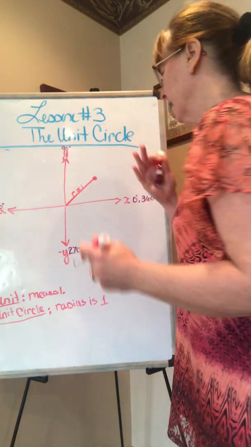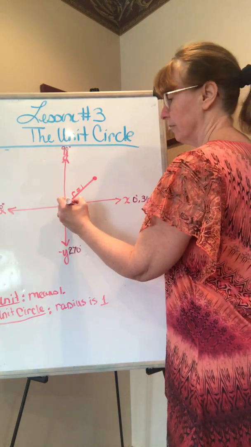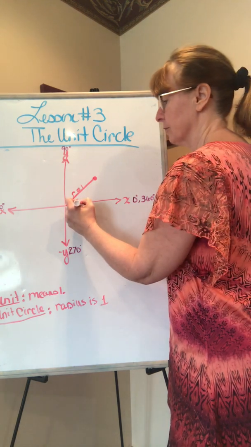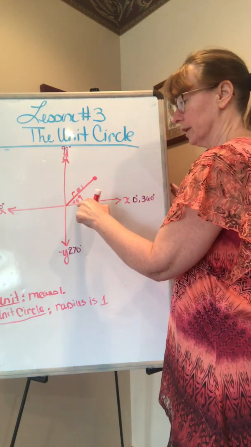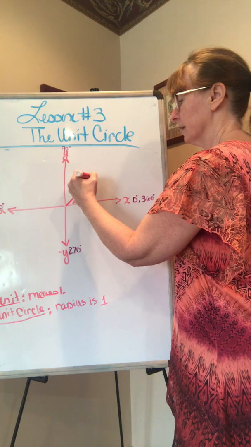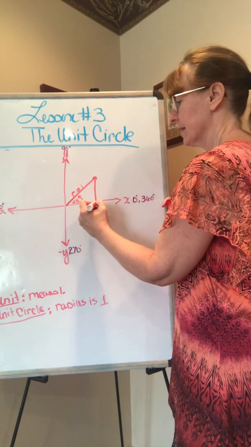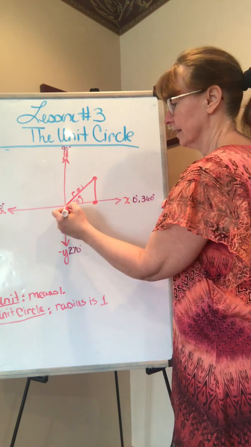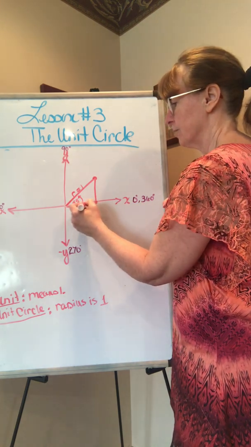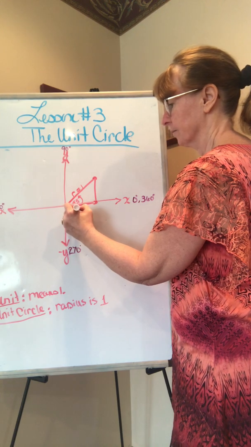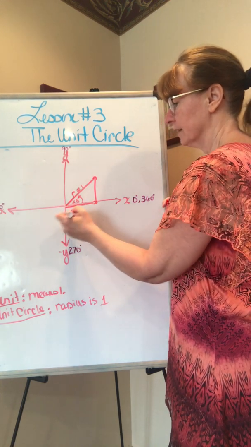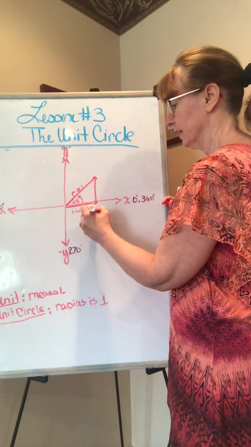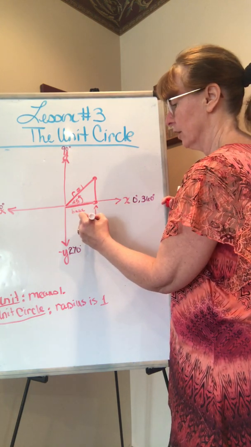So if I now had a 45-degree angle drawn on the unit circle, so here's my 45 degrees, it's in quadrant 1, and my radius is 1, then this means that on the x-axis, this base is actually the length of how long I came out on the x-axis. It is actually, the base is the x-coordinate.